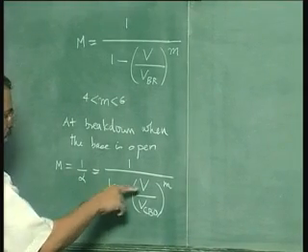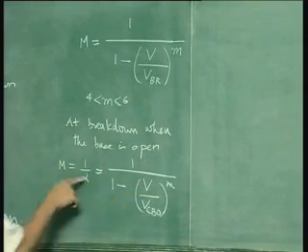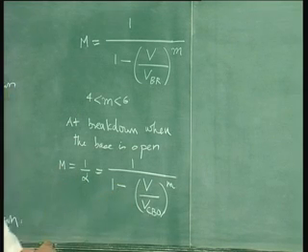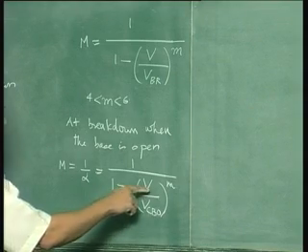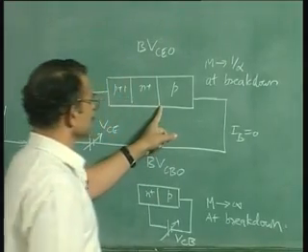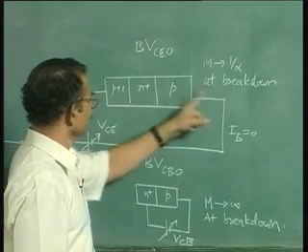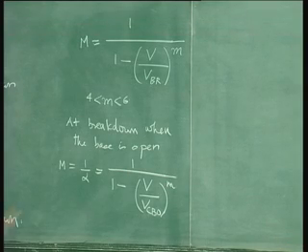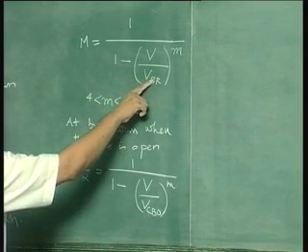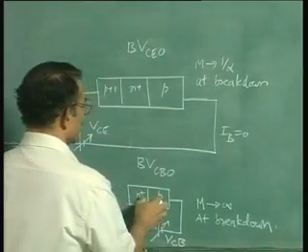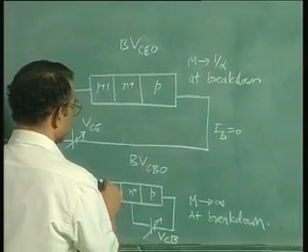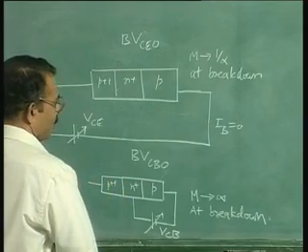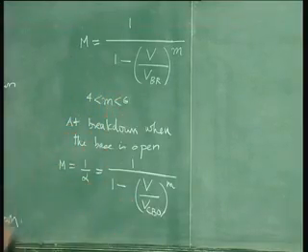Now we need to find out for what value of voltage this quantity will become 1 by alpha. Now this voltage here is the collector base voltage of this device in this particular configuration. This is very important. Please note that VCBO is a breakdown voltage of the collector base junction when it is isolated, which is same as the collector base breakdown when the emitter is open. That is why VBR is being replaced by VCBO.